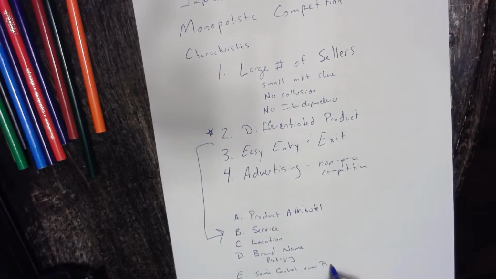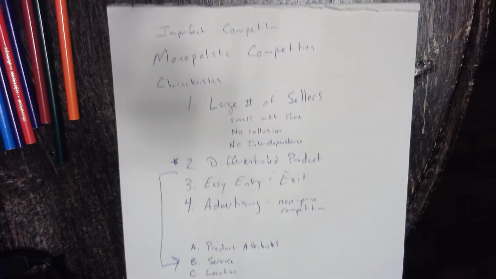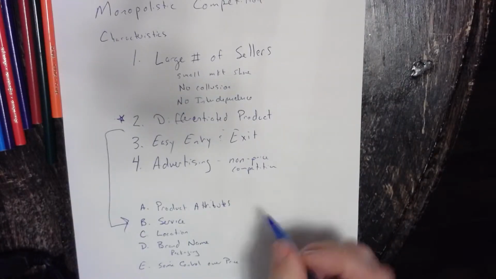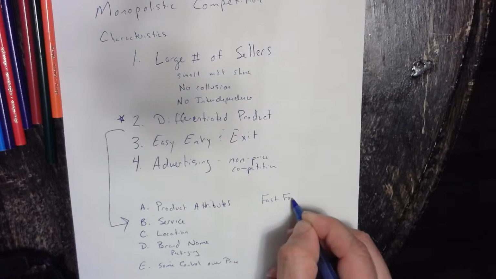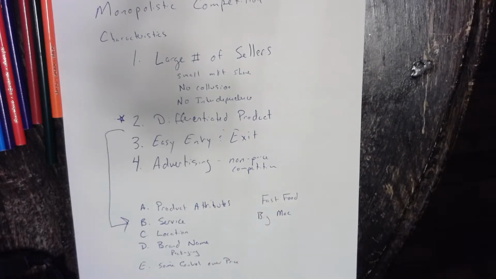So what would be an example of something that falls under monopolistic competition? Well, we can talk about the fast food industry. McDonald's has their signature sandwich, the Big Mac.